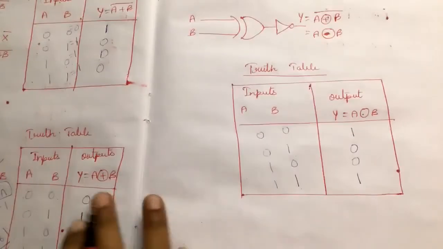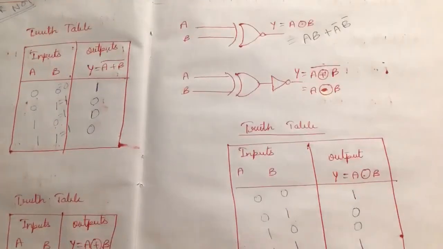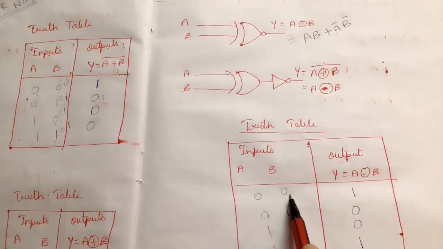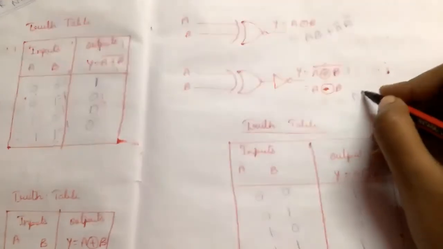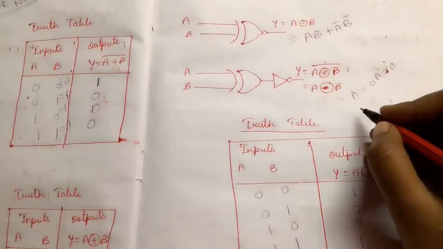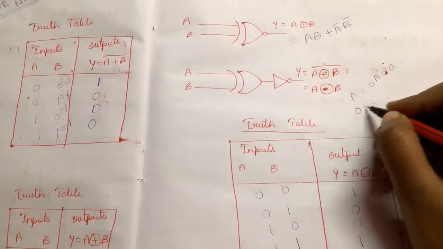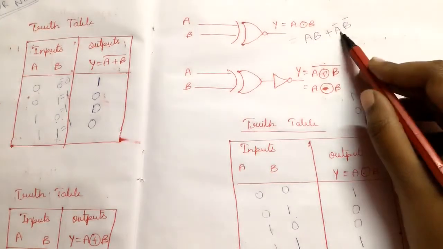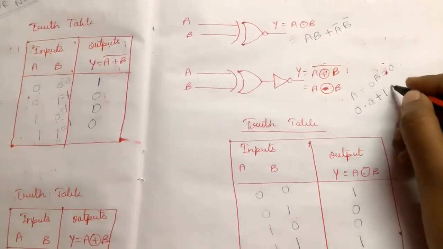You can also do it with this example. Try with this example. Suppose I am taking 0 0. So A value is 0 and B value is also 0. Now I am going to substitute in this. When we substitute, 0 dot 0 plus, then we take the complements A bar B bar, which are 1 and 1.